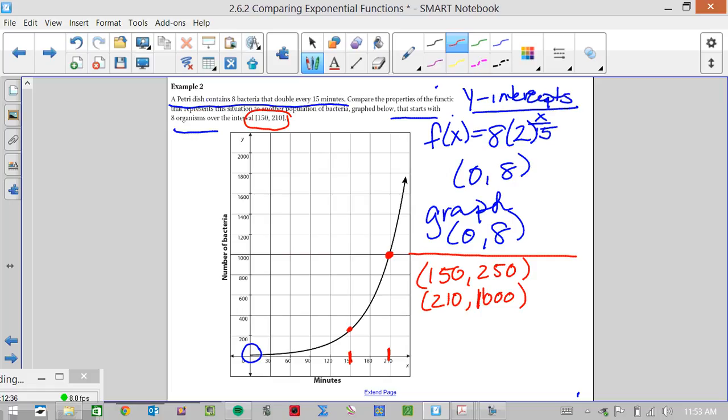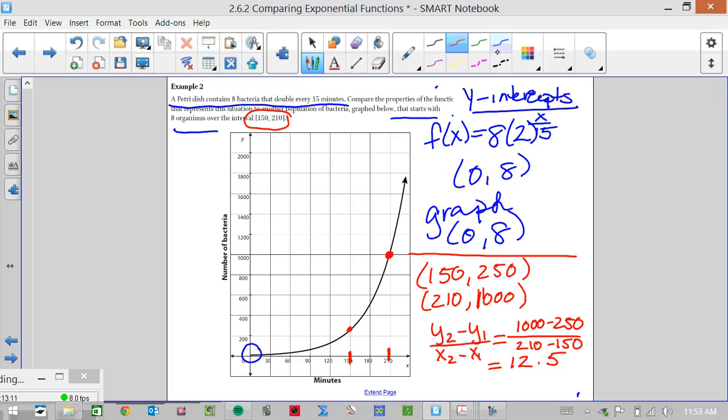So I just use my slope formula again, y sub 2 minus y sub 1 over x sub 2 minus x sub 1. And in this case, that gives me 1,000 minus 250 over 210 minus 150, which gives me 750 over 60, which gives us a rate of change of 12.5.